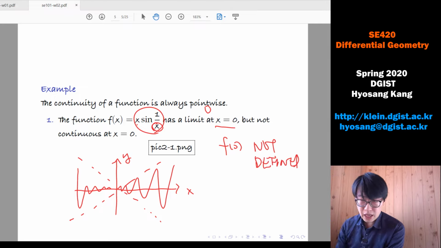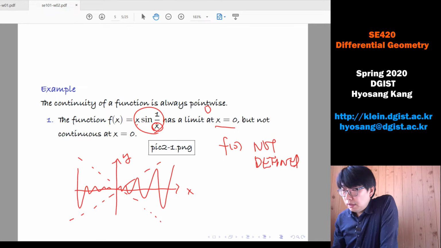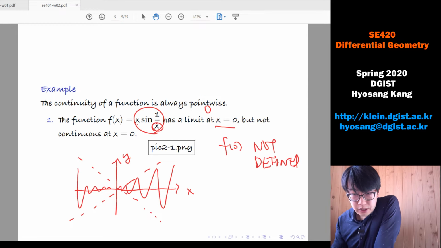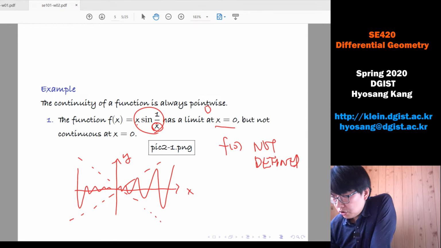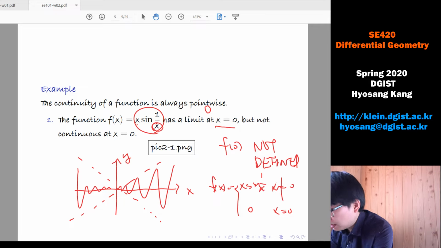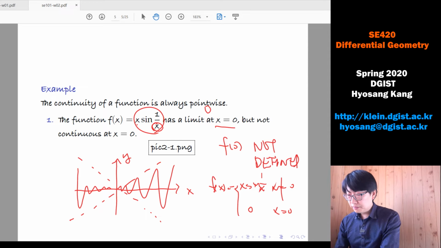So we simply have no value to compare with the limit. So this is not continuous. So how do you make it continuous? Because you can make this function a continuous function. Just simply define your value of f(x) as 0 when x equals 0. So when x is not 0, this is x sine 1 over x, and then 0 when x is 0. Then it's continuous.